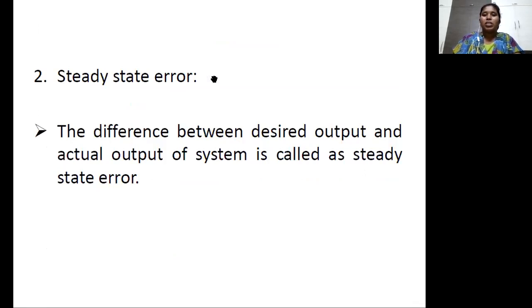The difference between the desired output and the actual output of the system is called the steady state error, which is represented by the small letter e with suffix ss. Ss is nothing but steady state.